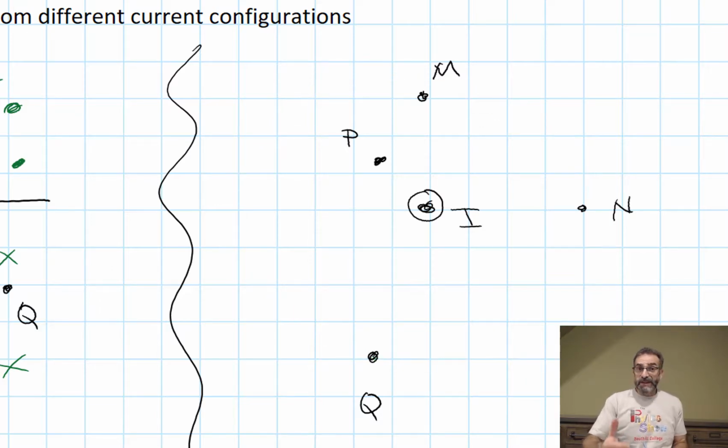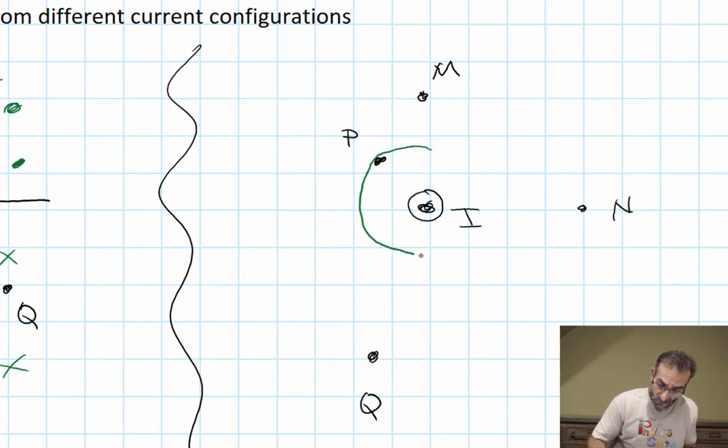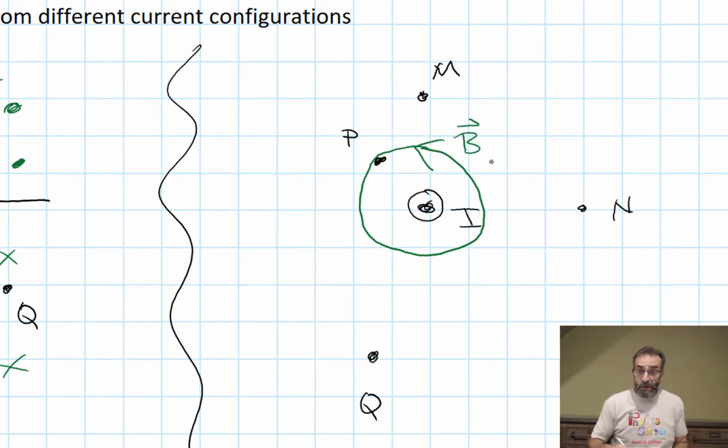I put my thumb in the direction of the current, my fingers point counterclockwise. So if I were to draw a magnetic field line, B would point in the counterclockwise direction. If I'm standing at point P with my magnetic field sensor out, it would point tangent to the magnetic field line.